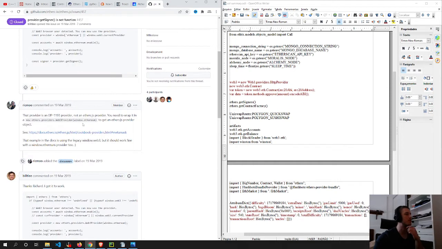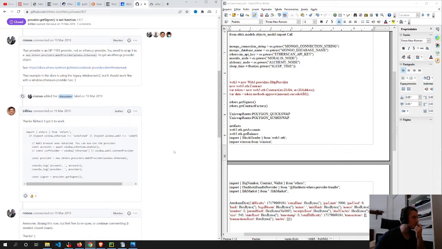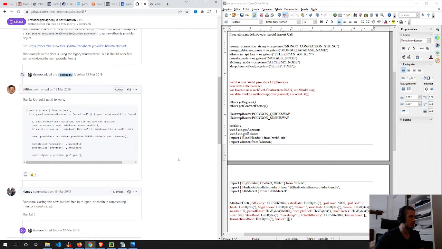Oh, so it's in the window.ethereum. So it's gonna be the address of the provider, I think.